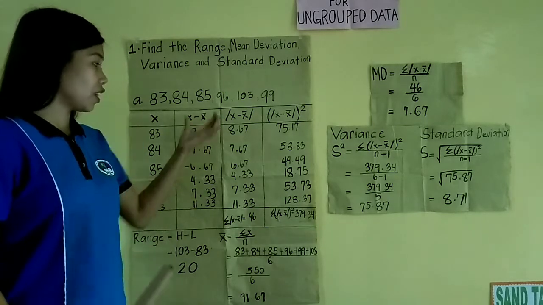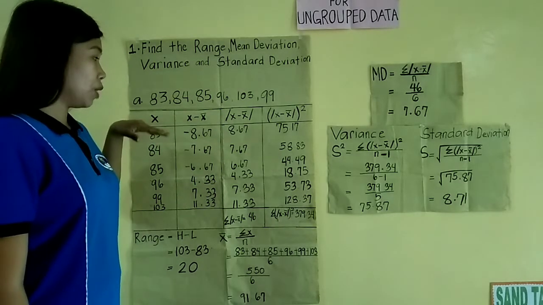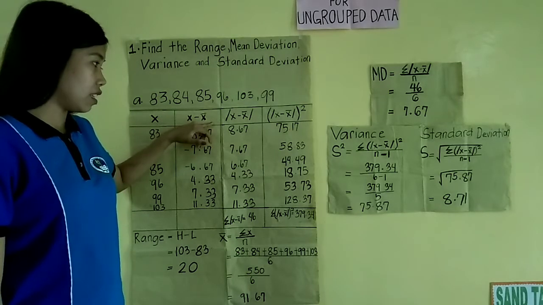Second step is this column. In this column, every x is subtracted by the mean.